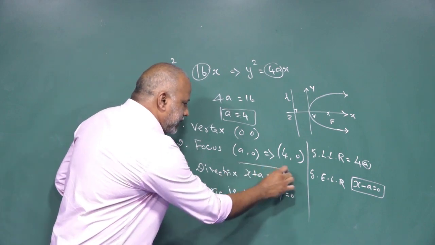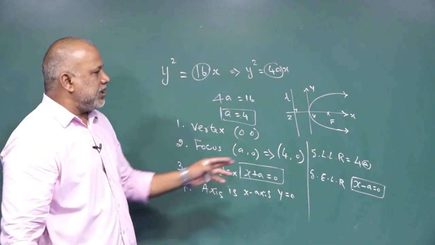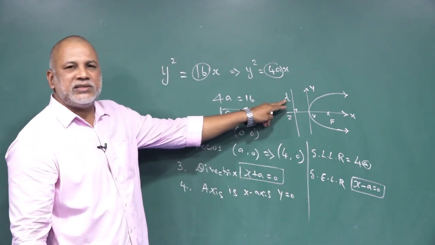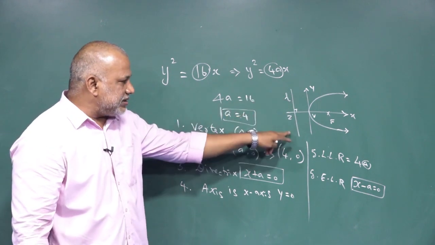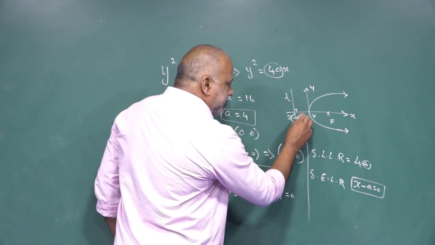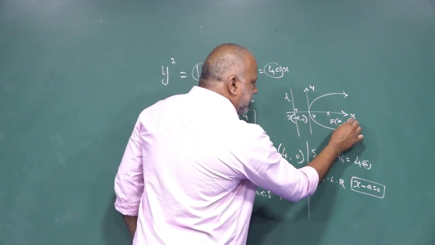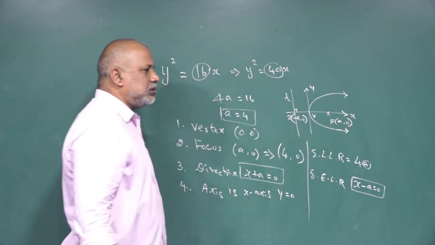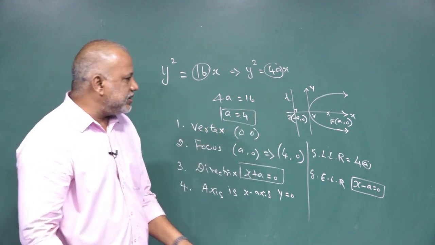See here, directrix is x plus a. What is the meaning of directrix? The fixed straight line is called directrix. This straight line passes through the point Z, and the value of Z must be (minus a, 0), while the focus is (a, 0). What is the reason?